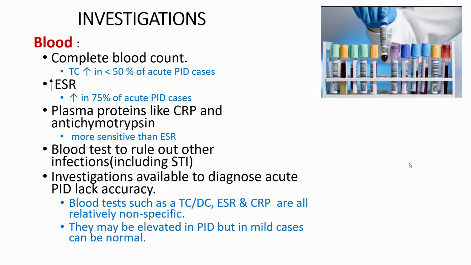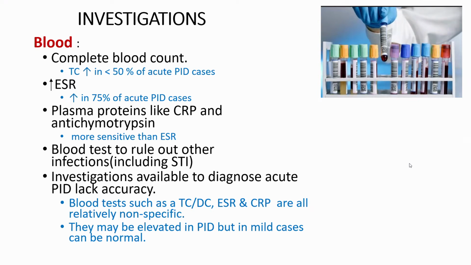If you suspect a patient has pelvic inflammatory disease, we run some tests like complete blood count, mainly total count and differential count, but they are not very specific. Only in less than 50 out of 100 cases can you appreciate a rise in the counts. Other tests include erythrocyte sedimentation rate.